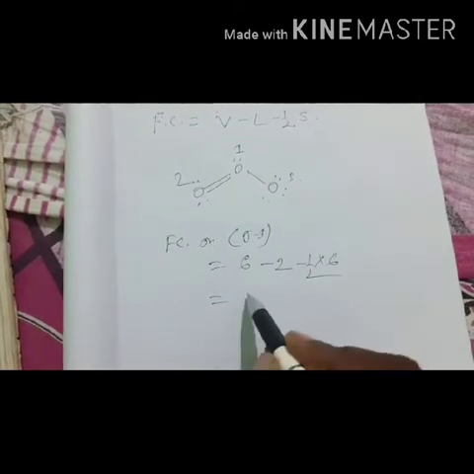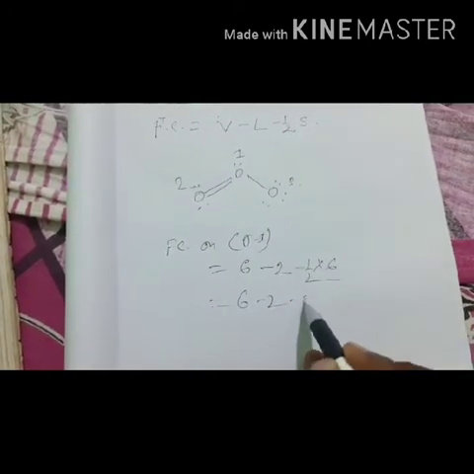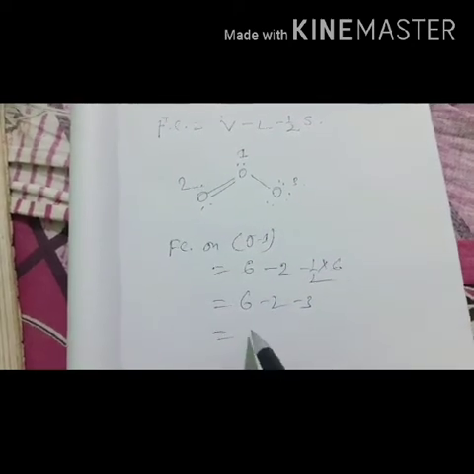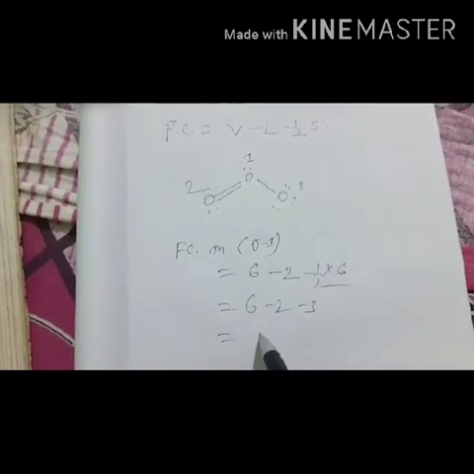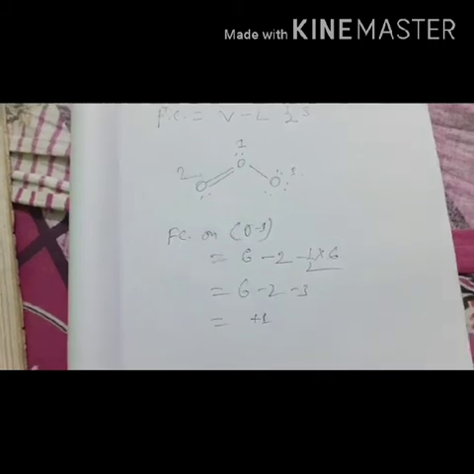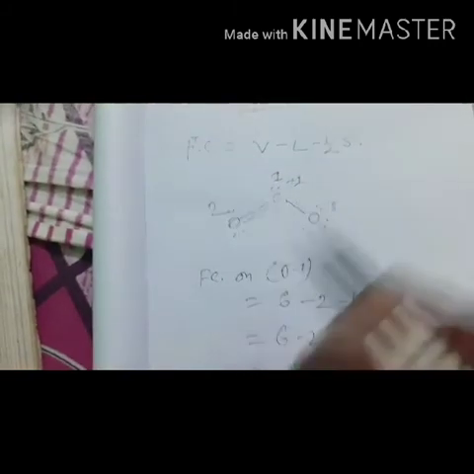So 6 minus 2 minus 3, and the formal charge on this oxygen atom is +1.